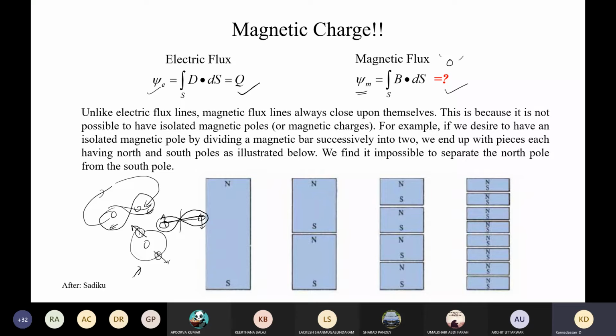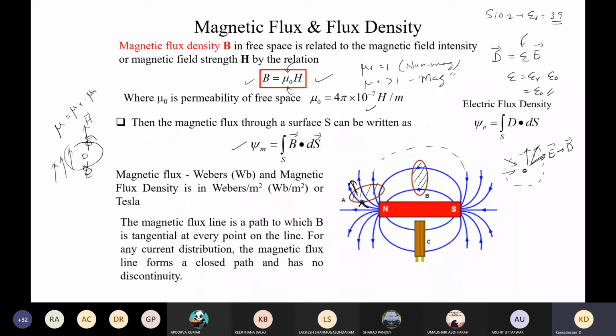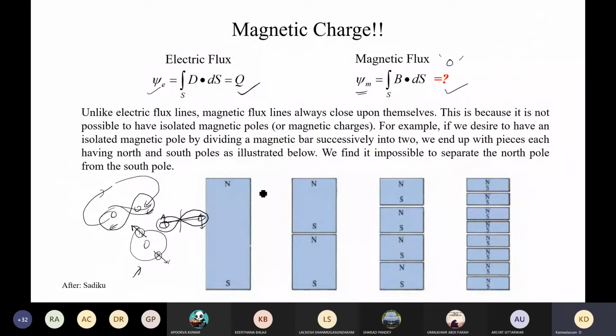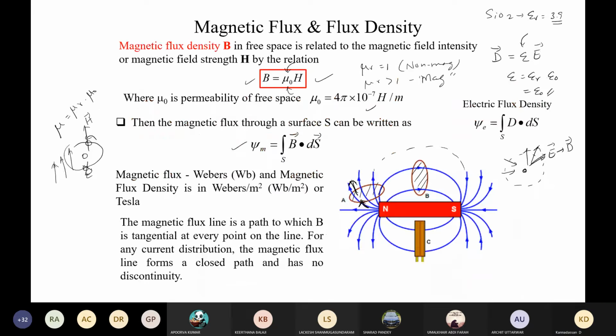This kind of interesting phenomenon is happening because of this definition of the magnetic flux itself. And because of that, you can't divide into north and south poles. Always when you divide, this you already studied in school. And I'm not sure whether you have understood at this level.